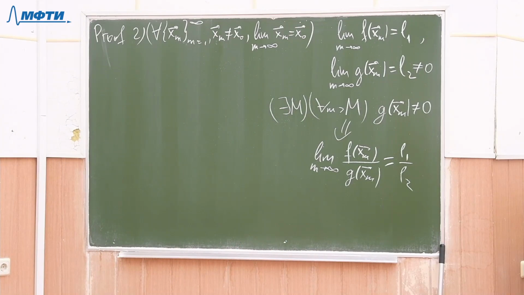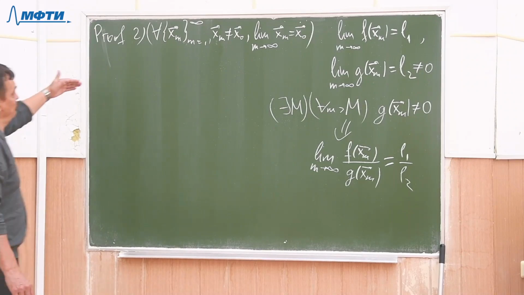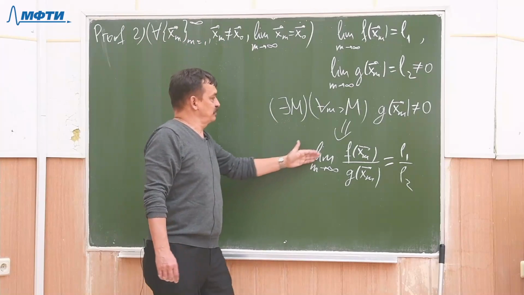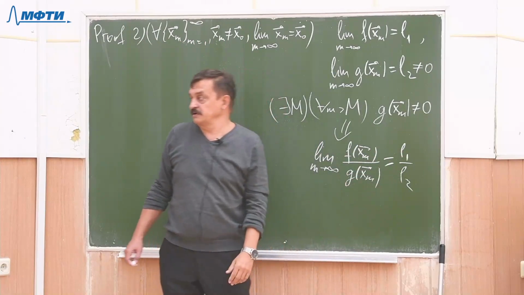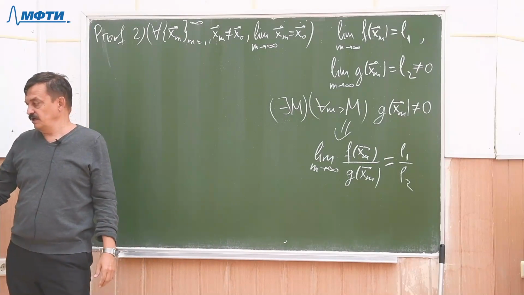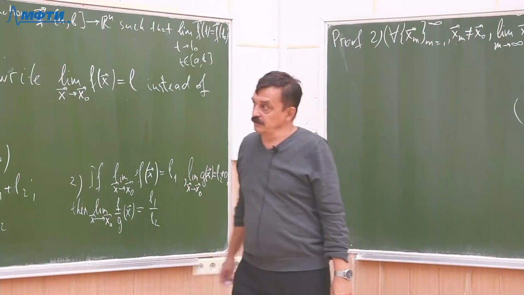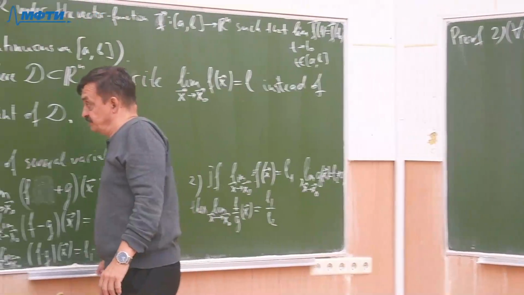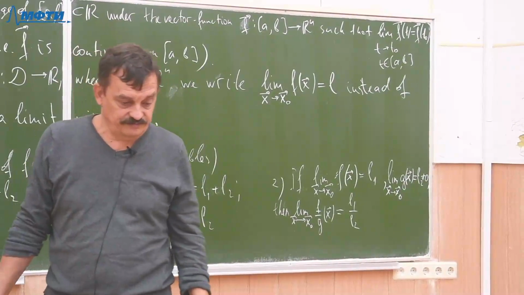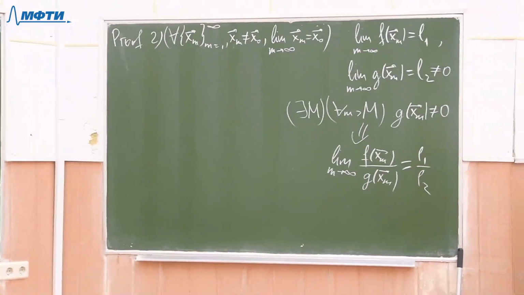And so you see, for an arbitrary sequence, the limit of this ratio is L1 over L2. It means we have this equality. So you see, the Heine definition works very well to prove properties of the limit.